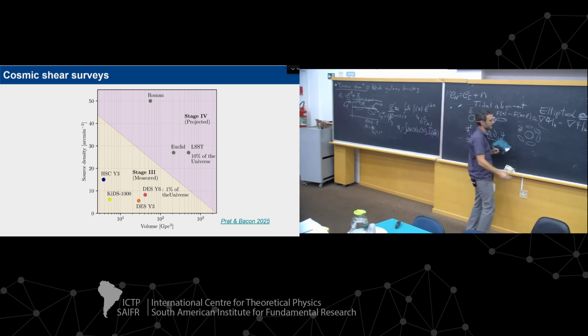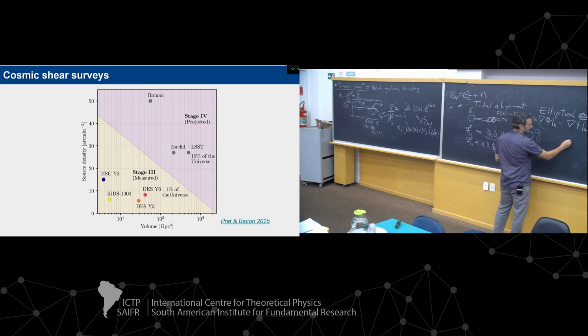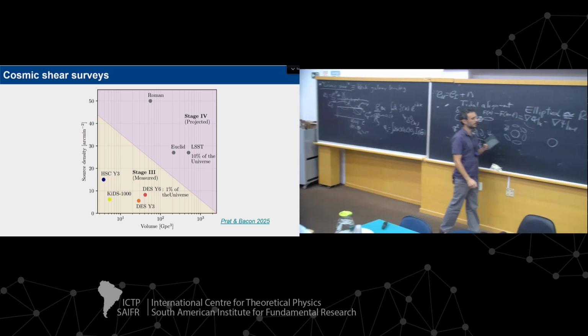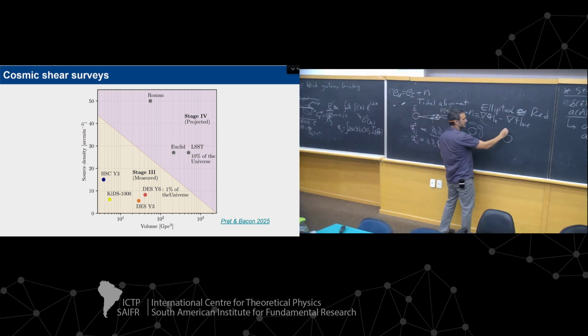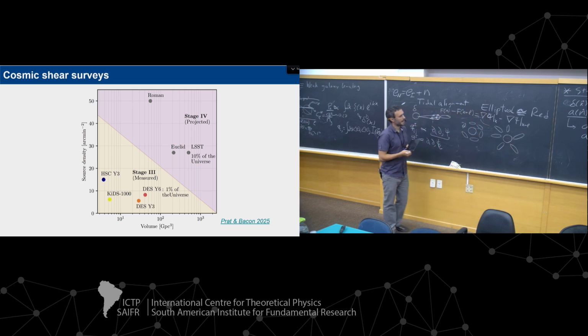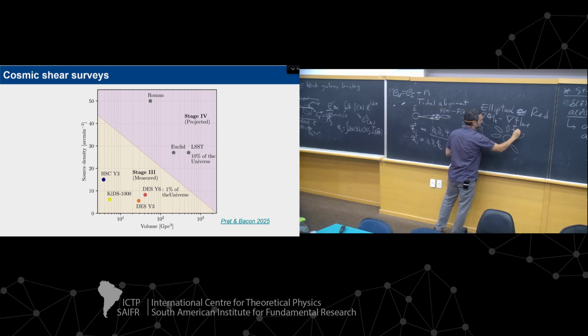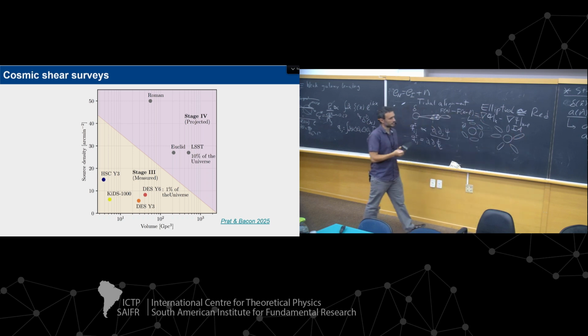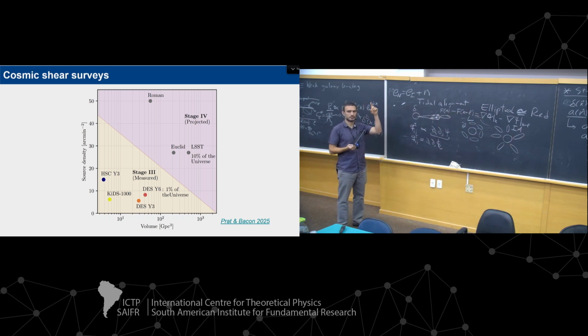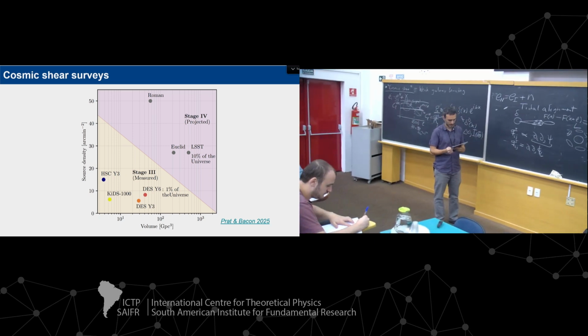If this lens happens to be close to these galaxies, then you'll also have a tidal alignment effect, and that tidal alignment we said should align galaxies in the opposite direction. So this is lensing, and this is intrinsic alignments. So intrinsic alignments overall will decrease the lensing signal by some amount.